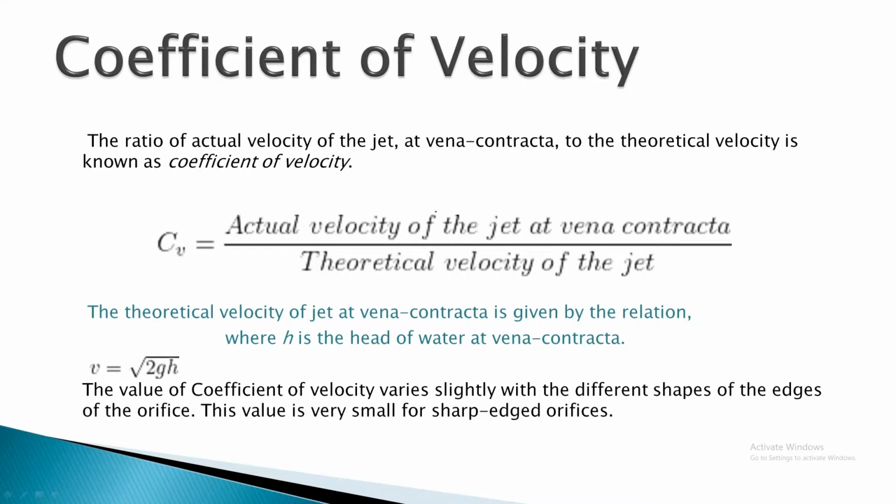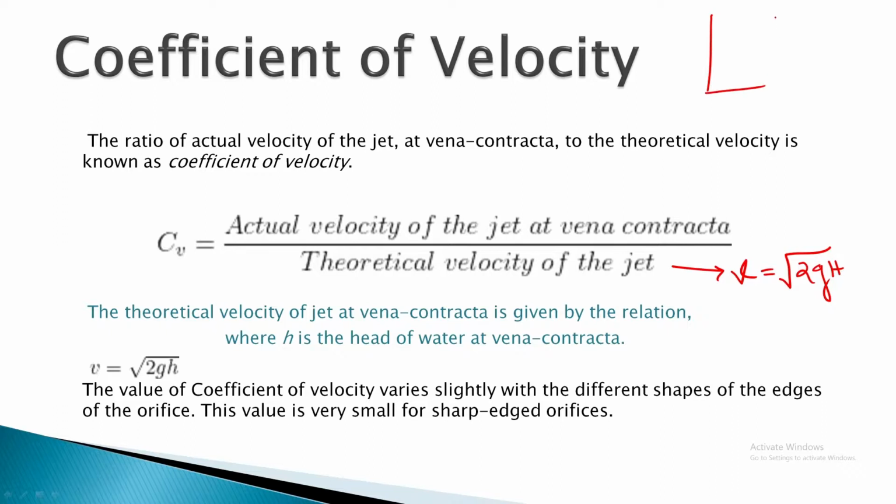The coefficient of velocity is the ratio of the actual velocity of the jet at vena contracta to the theoretical velocity of the jet. The theoretical velocity we can determine mathematically: v equals root over 2gh. What is h? h is nothing but the head.